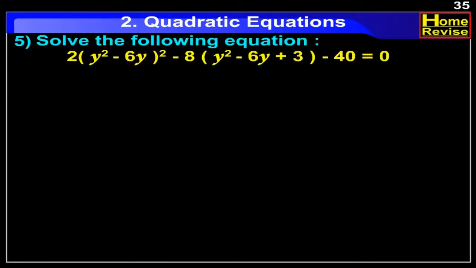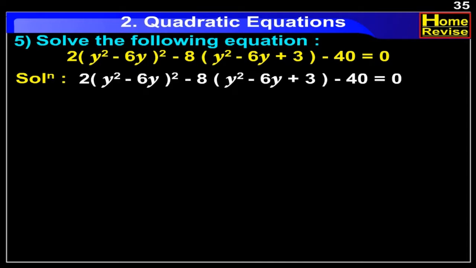2 into (y square minus 6y) whole square minus 8 into (y square minus 6y) plus 3 minus 40 is equal to 0. Solution. The given equation is 2 into (y square minus 6y) whole square minus 8 into (y square minus 6y) plus 3 minus 40 is equal to 0.